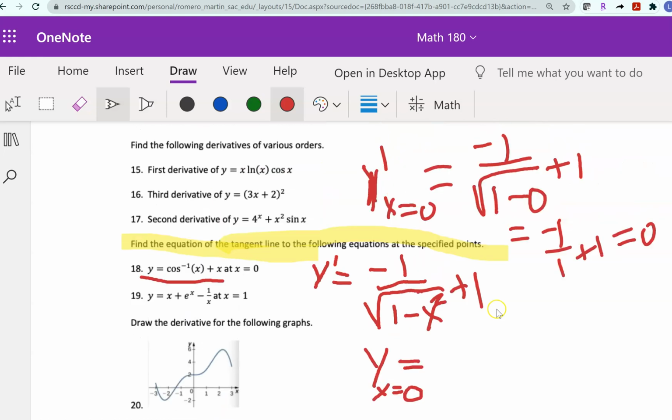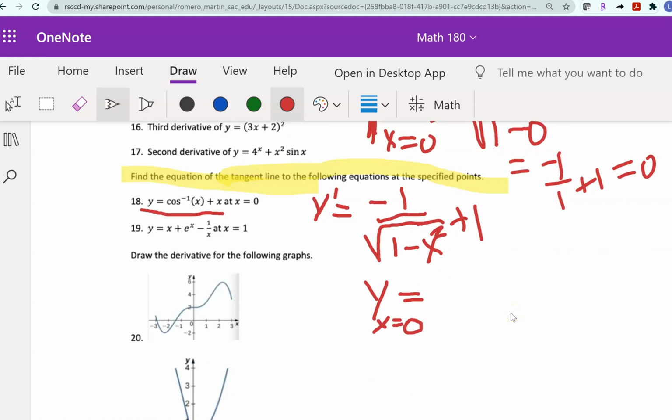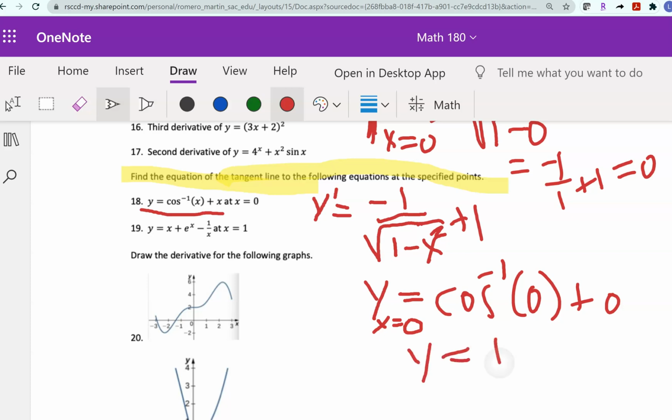And so when we plug that stuff in, we have to do the inverse cosine of 0 plus 0. And so we need to evaluate, when does cosine equal 0? And so cosine equals 0 in this case, if we're going to use radians, at pi over 2 or 90 degrees.